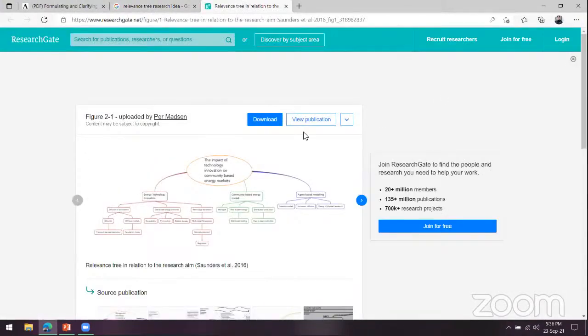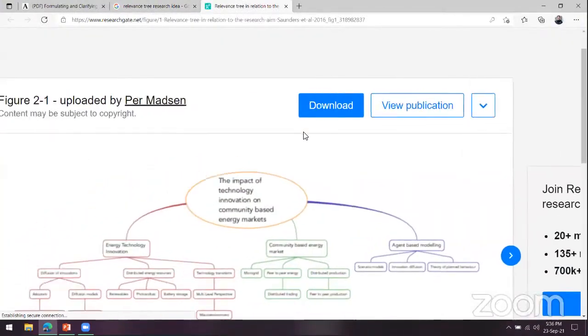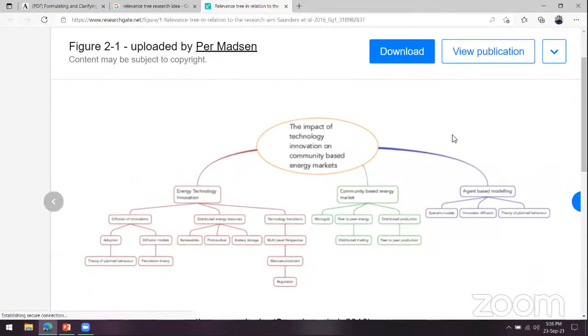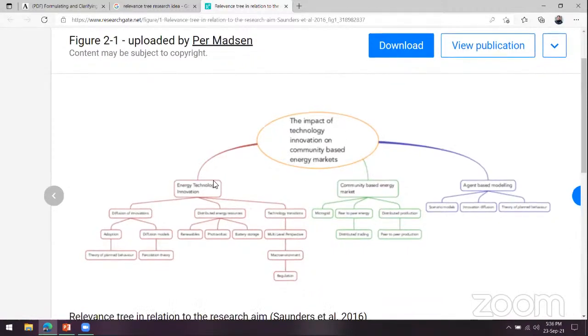For example, I show over here to you, we have the impact of technology innovation on community-based energy market. So I'm looking at the energy market right now. I want to know the impact of technology innovation. How are we going to make sure the energy market is going to achieve a better performance after we have innovation on that?